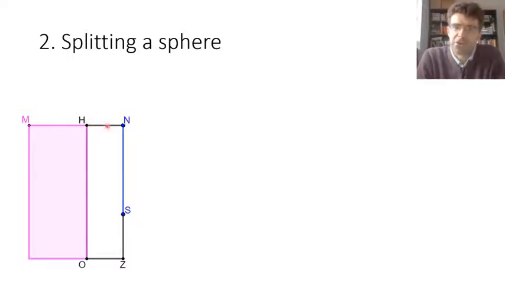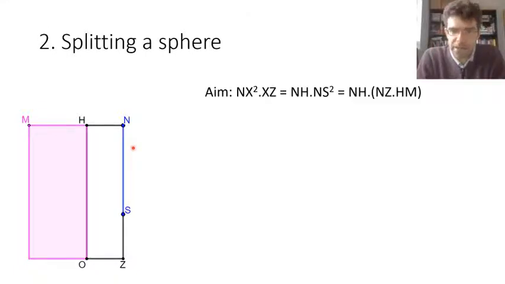So going back to what we established before, what we're going to look for is to find the x such that NX squared times XZ, which is the radius plus XS, of course, is equal to NS squared, diameter squared, times NH, the radius, multiplied by lambda to 1 plus lambda.